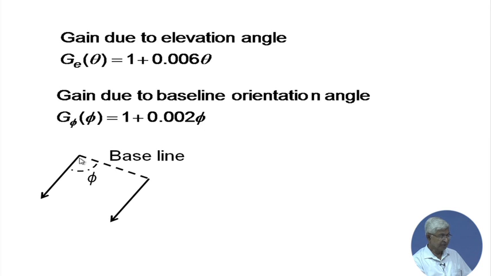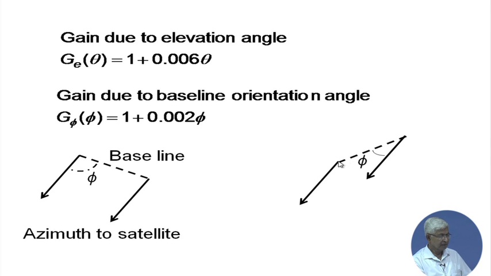You can see pictorially the baseline is now directly, this phi is almost 90 degrees towards the satellite. If the baseline is slightly differently oriented, you can see the diversity, this much distance you get, whereas here you get this much distance diversity advantage. So it is based on the azimuth towards the satellite, where the baseline is.